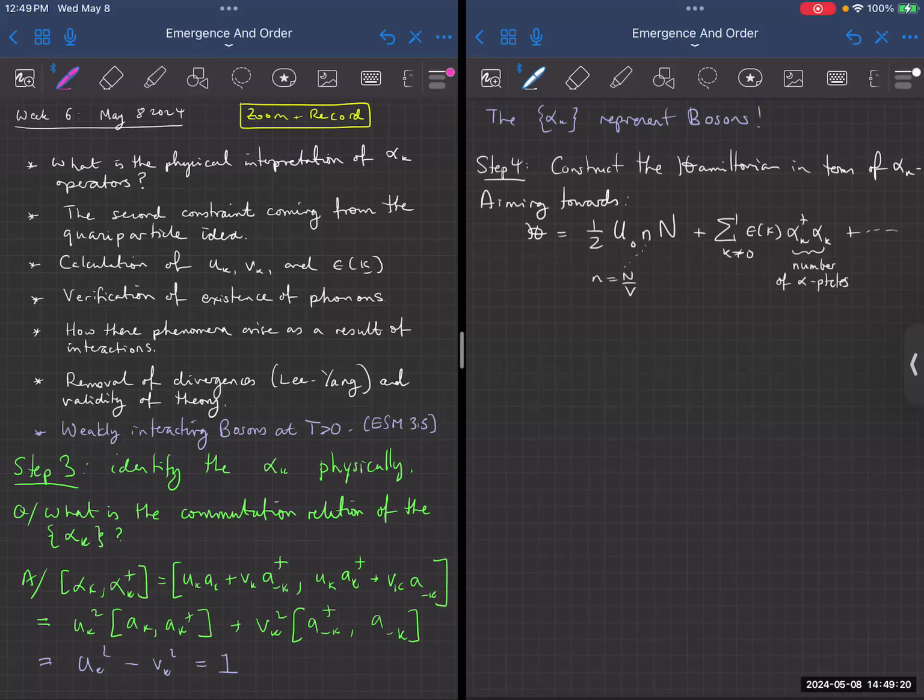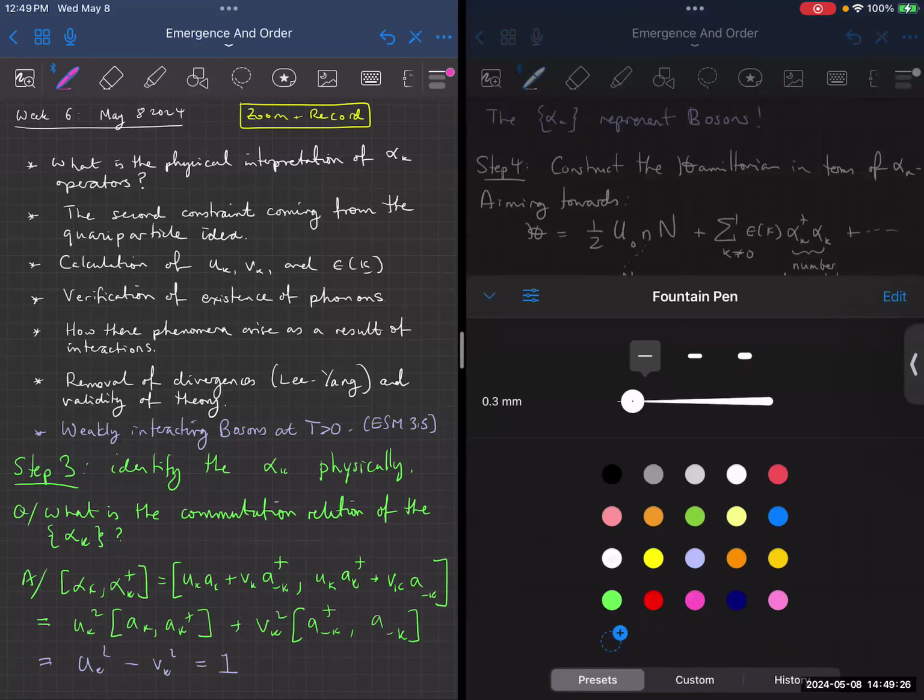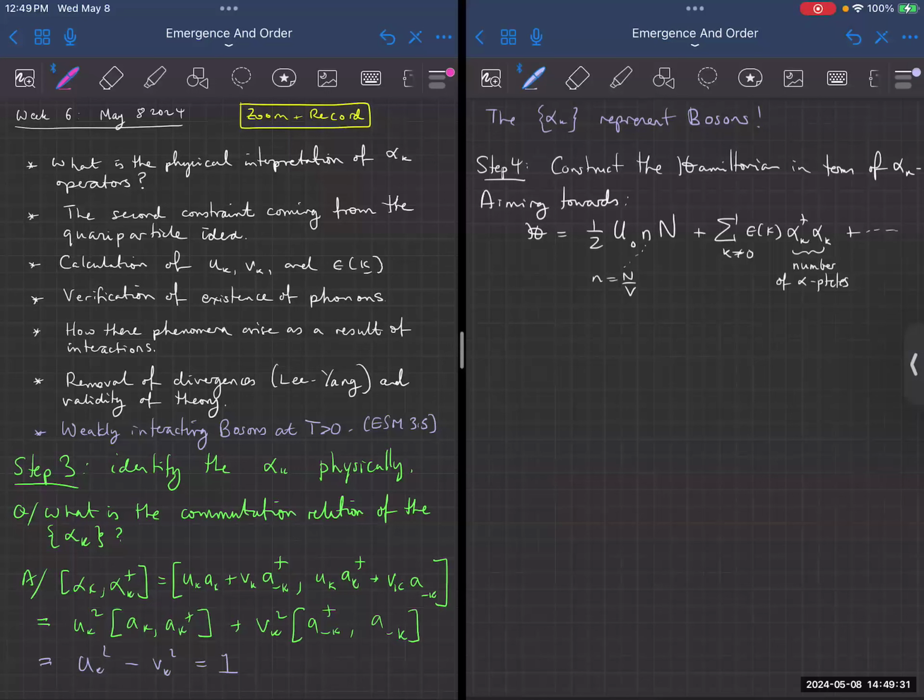That's what we're aiming towards. If we can get something like that, then we can say these particles are non-interacting, and we can interpret them as quasi-particles, and we can calculate what the energy is.